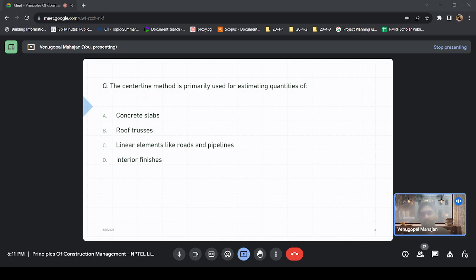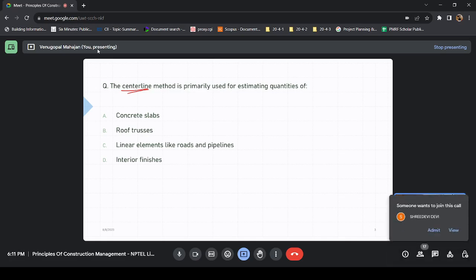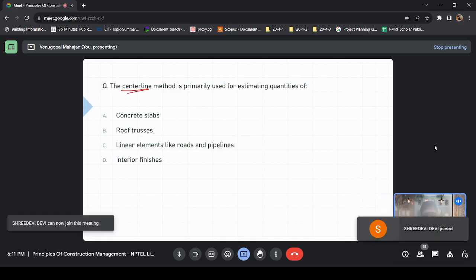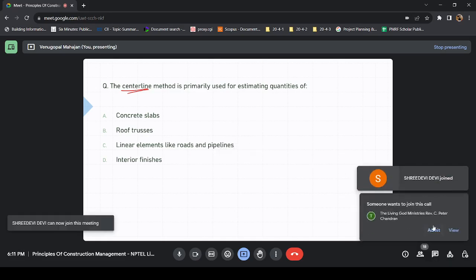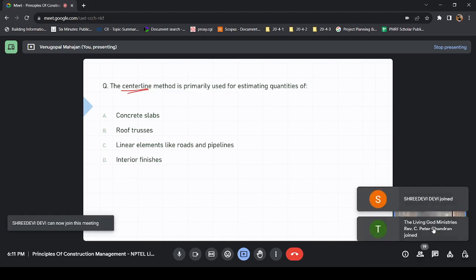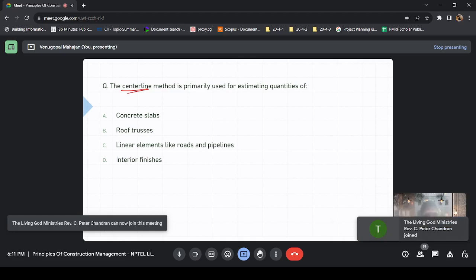What is the centerline method? And are there other methods? If you want, I can repeat the question.